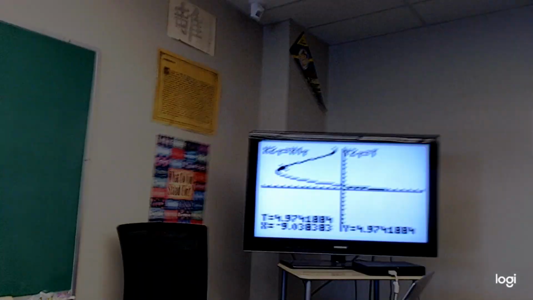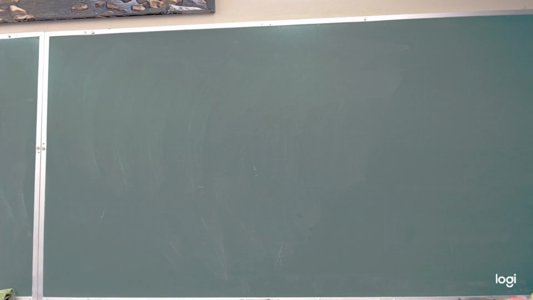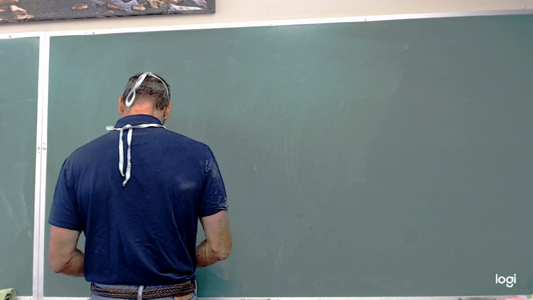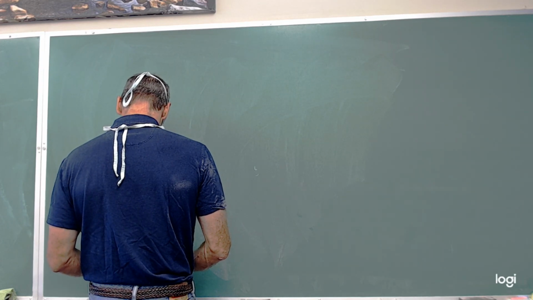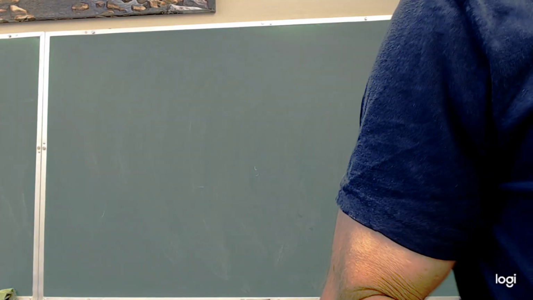I'm going to try to move the camera so it's back to the board. And I think we're back there, and the camera looks like it's still running. This is success. So we're going to now look at, what is that? My handwriting is so small I can't read it anymore.